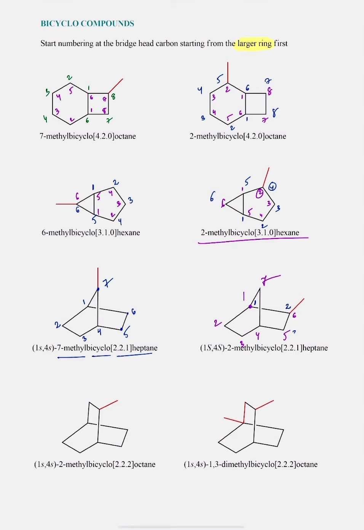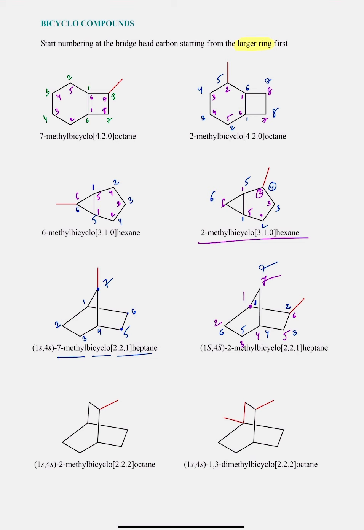So which is better, getting 2 or getting 6? Getting 2 is right, because according to the lowest sum rule, the substituent should have the lowest locant. So the blue numbering is correct and the purple is wrong.